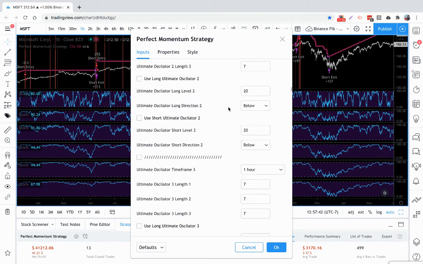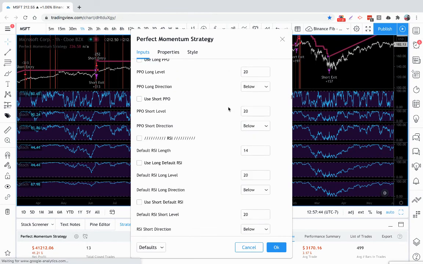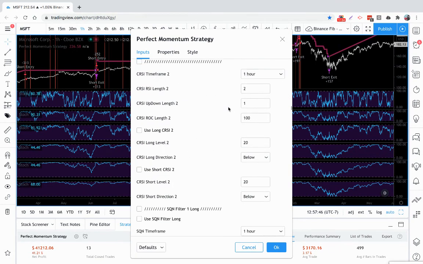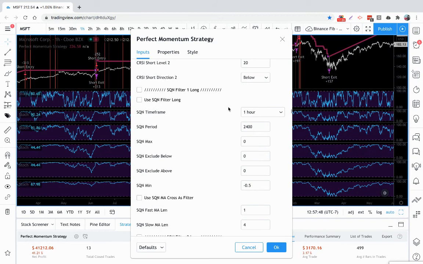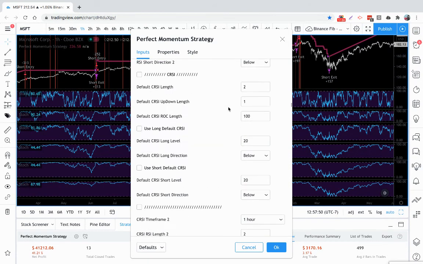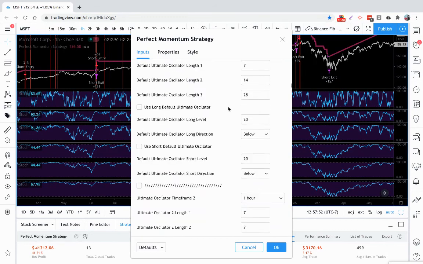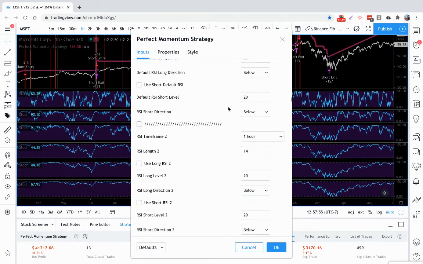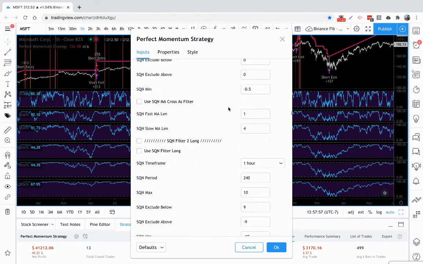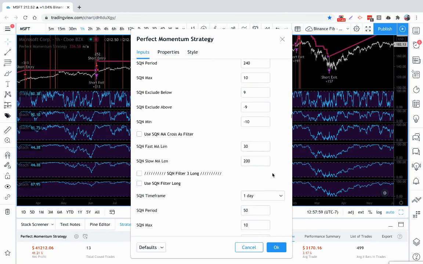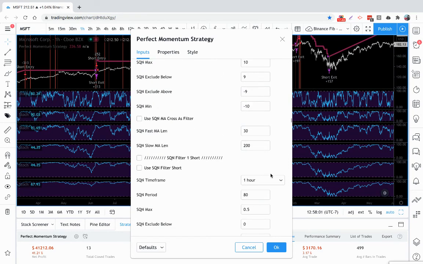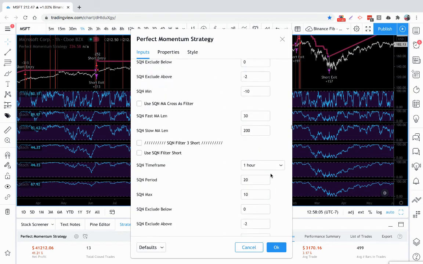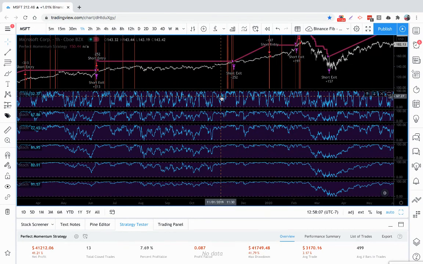I'm not going to go into all the other oscillators and RSIs, Connor's RSIs, etc. in this video, we have different videos for that, but you can mix and match your stochastic settings with any other setting in this strategy and really look for very, very specific overbought or oversold conditions and momentum conditions. So that's it for the stochastics part of this perfect momentum strategy.